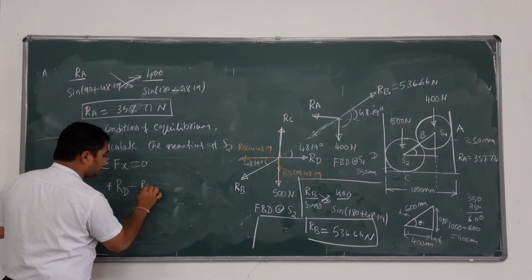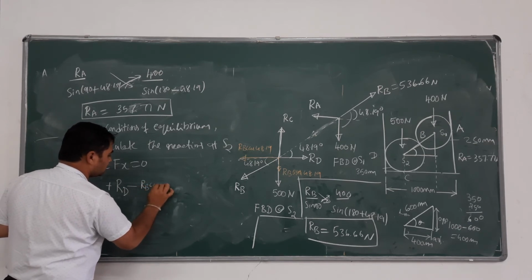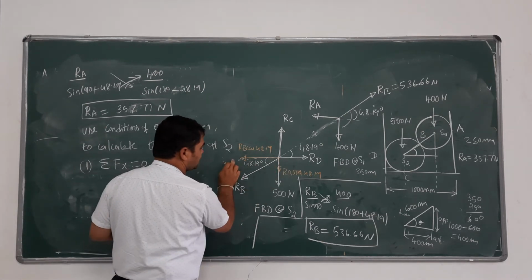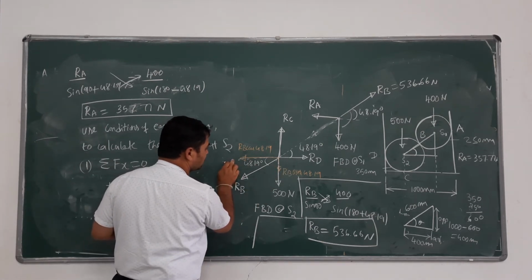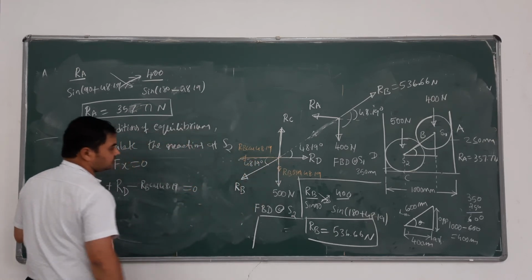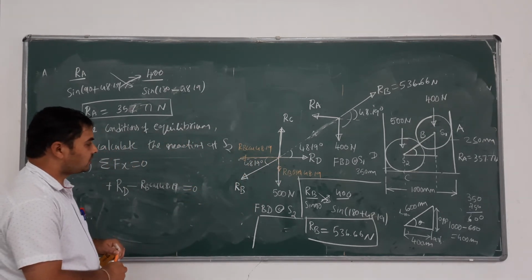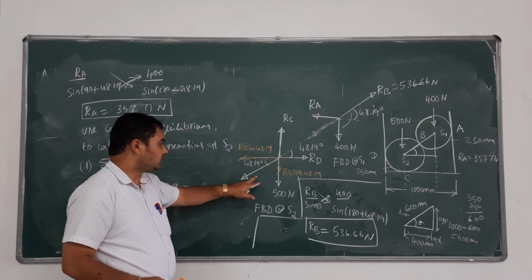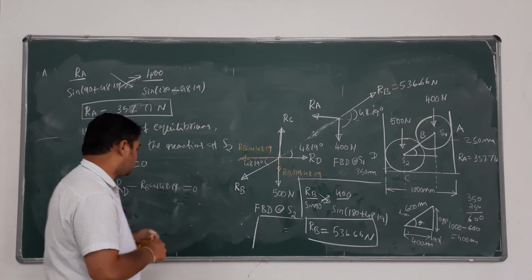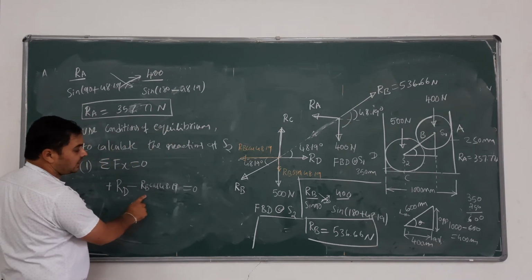So two forces we have considered. There are no other horizontal forces acting. One is inclined, and one is exactly acting on the horizontal line. We have considered both forces, and we know the value of RB.